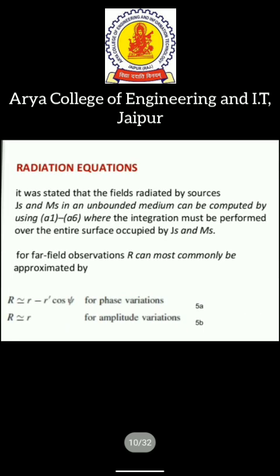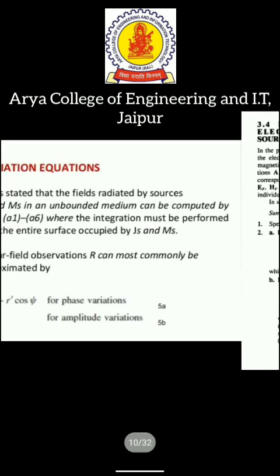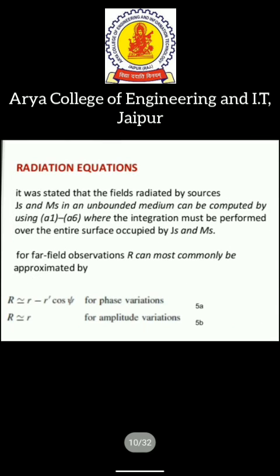It was stated that the fields radiated by sources Js and Ms in an unbounded medium can be computed by using these two equations for A and F, where the integration must be performed over the entire surface occupied by the sources Js and Ms. This is the basic thing you need to keep in mind while deriving.